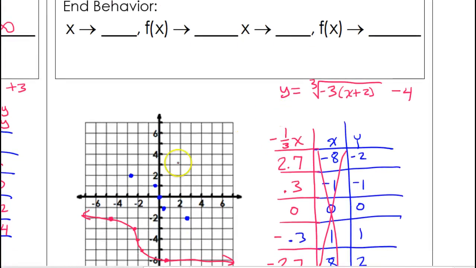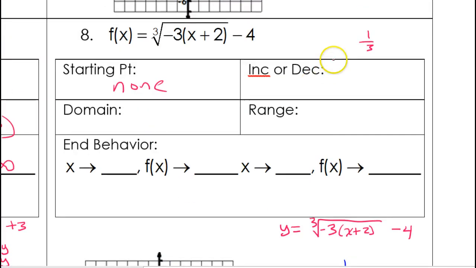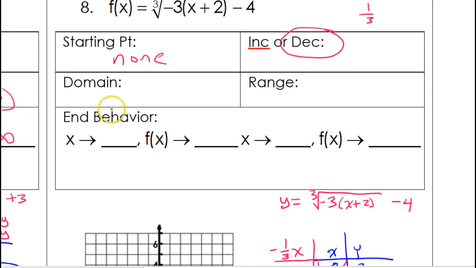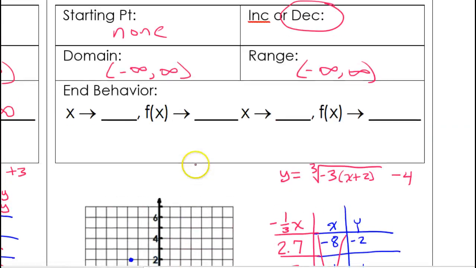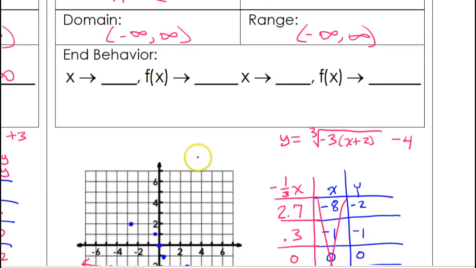Alright, now again, there's no starting point for a cube root function. From left to right, you can see this graph is falling, so it is decreasing. The domain and range, as usual for a cube root function, will be negative infinity to positive infinity. It goes left and right forever, and it goes down and up forever. And end behavior.